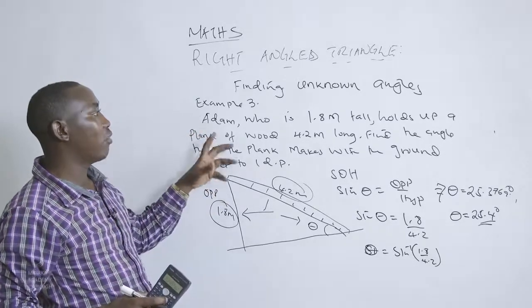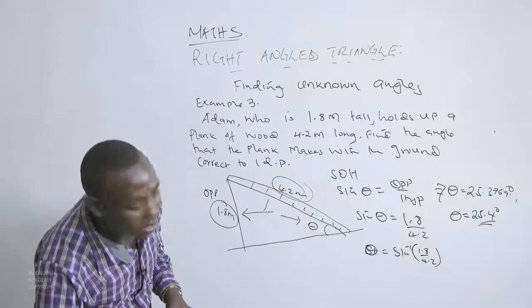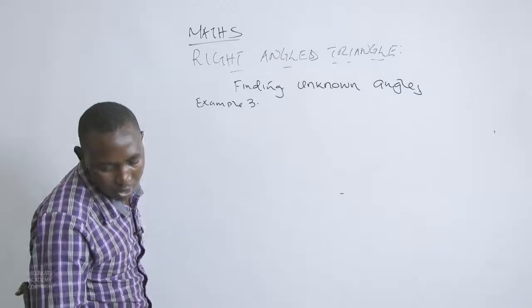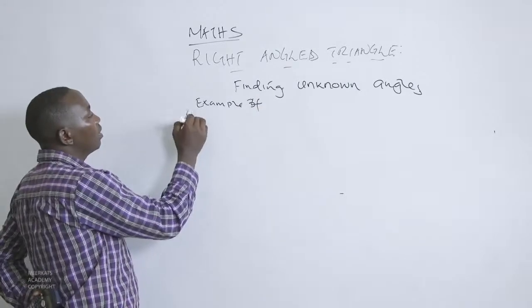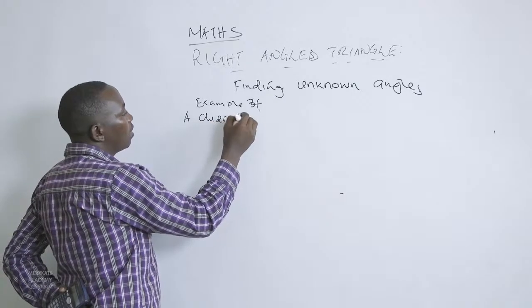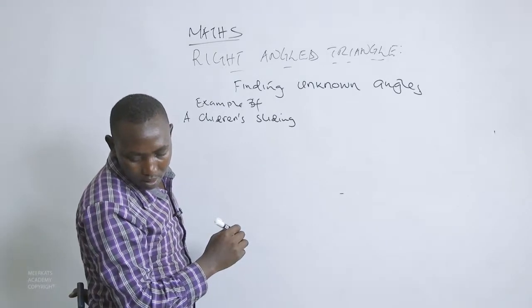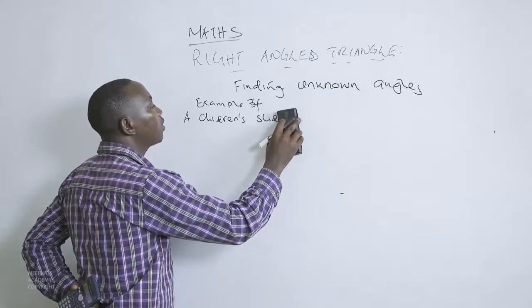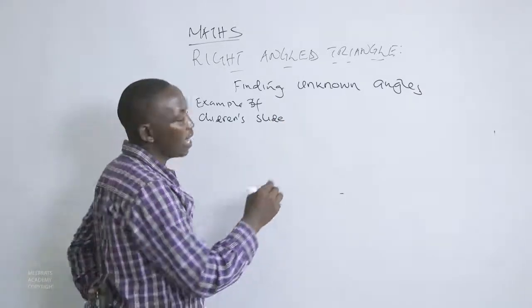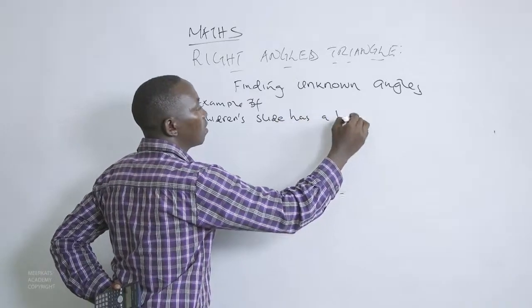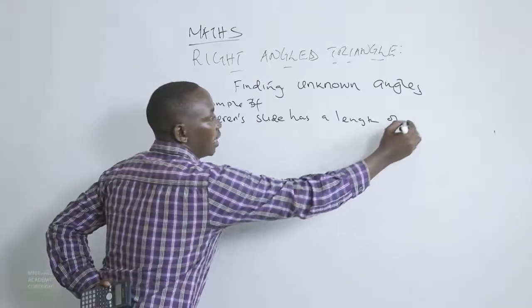The final question or example we want to consider on how to use trigonometric ratios in finding the unknown terms is example 4. We are told that a children's slide has a length of 5.8 meters.